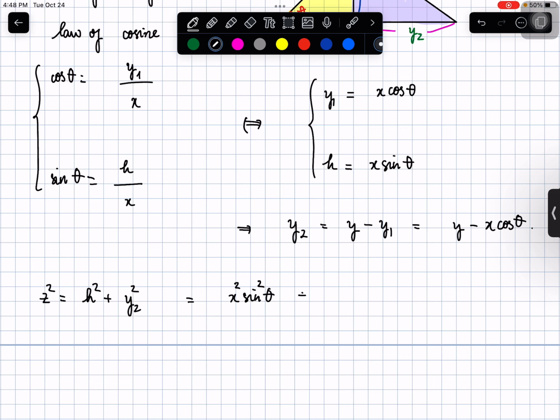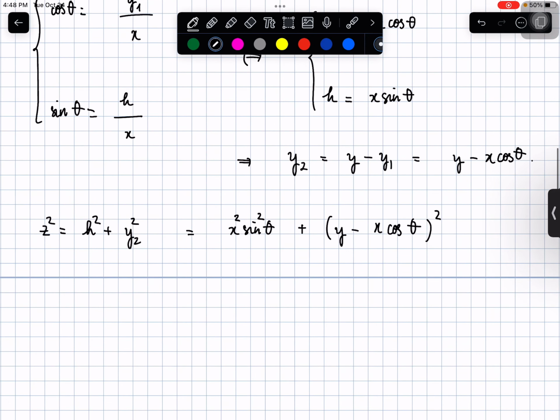Y2 is y minus x cosine of theta, squared. This gives us x squared sine squared theta plus y squared plus x squared cosine squared theta minus 2 times y times x cosine of theta.